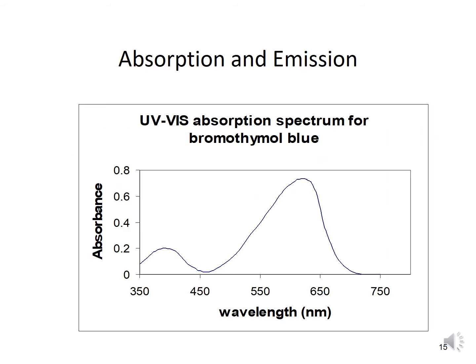This is one example of the output from the UV-Vis spectrophotometer. The sample is bromo blue. The y-axis is absorbance and the x-axis is wavelength, which depends on your sample.